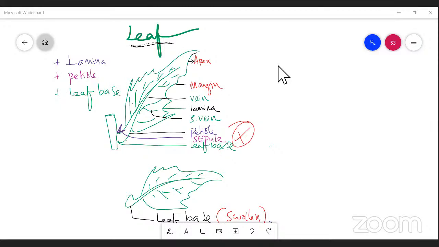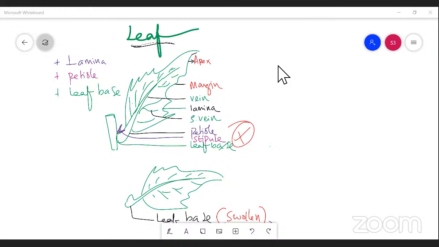Lamina. Could you talk about leaf lamina? It is the green portion of the leaf, the epipodium. What do you understand about epipodium? Boys, one of you, could you answer?